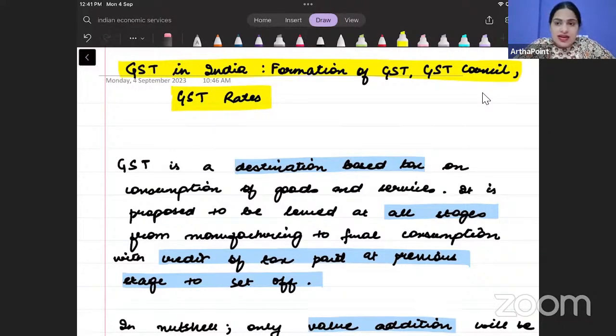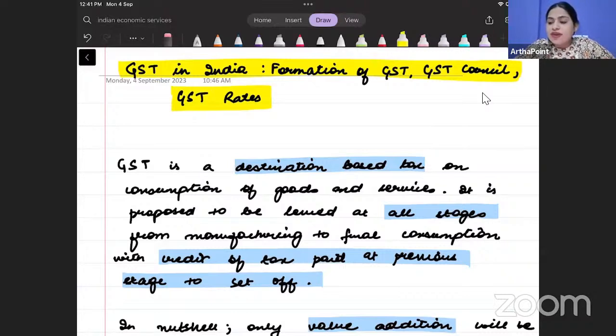Then, secondly, Beta, we have to understand how it was formulated. GST कैसे formulate हुआ इंडिया में? देखो, किसी भी टैक्स की जब हम बात करते हैं, किसी भी लॉ एंड ऑर्डर की अगर हम इंडिया में बात करते हैं, तो उस लॉ, उस ऑर्डर, उस एक्ट की एक जर्नी होती है ना? ऐसे ही नहीं पास हो जाता.